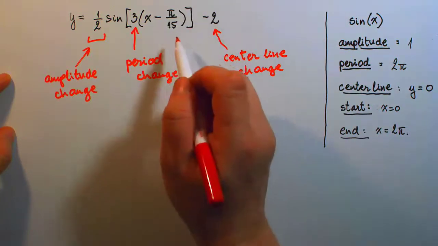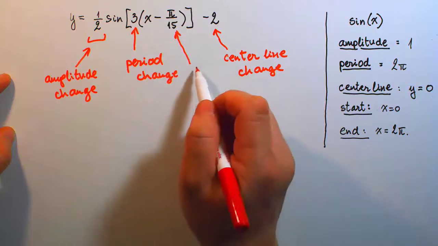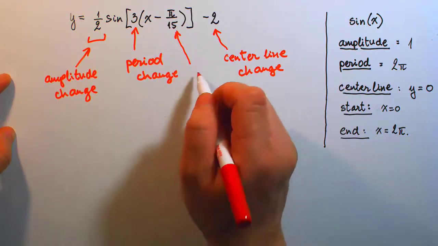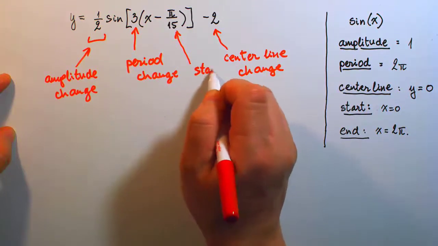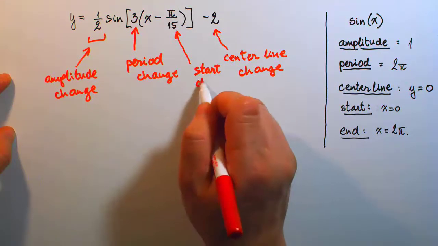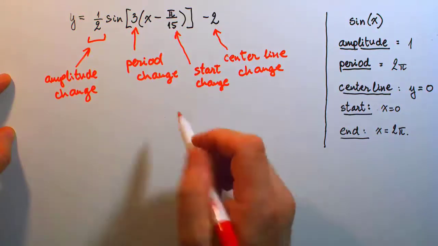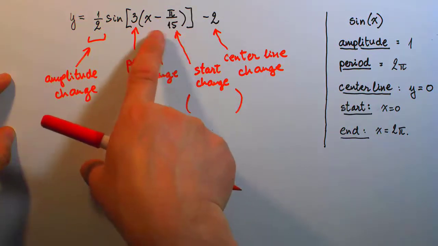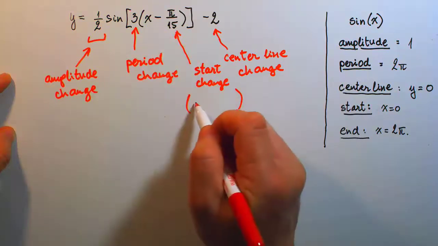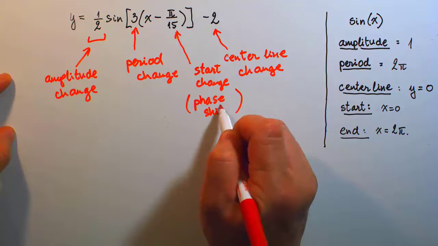And last, this value pi over 15 is responsible for our starting point change, or in other words, this subtraction of pi over 15 is responsible for a phase shift.